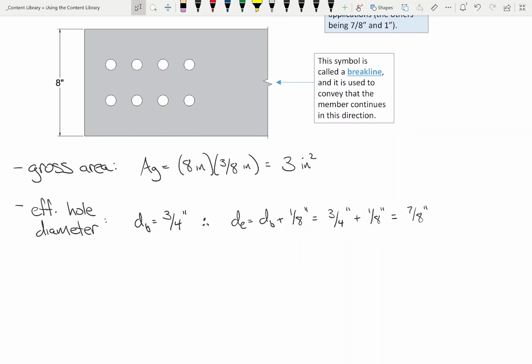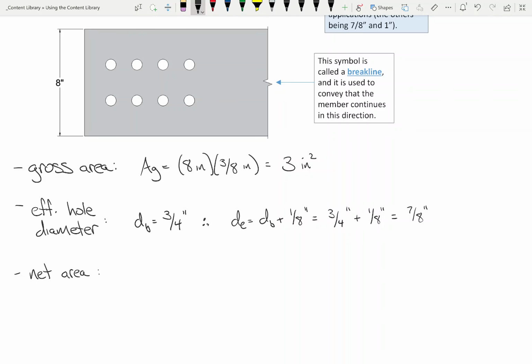Okay. All right. So now let's see if we can come up with an expression for net area. So what do we generally know about the net area?